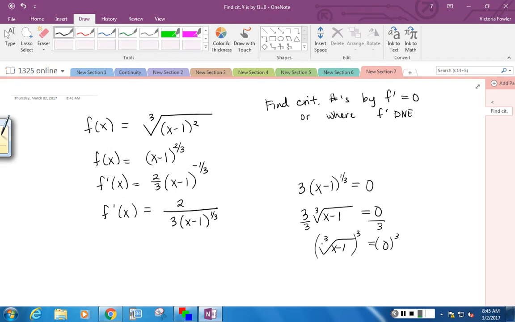So this is a cube root, so I'm going to cube it. So I'll have x minus 1 equals 0. So it looks like where x is 1, and I could probably have done that right away, that's where my derivative does not exist. So this is all where f prime does not exist. That's where the denominator is 0. Okay, so I have one critical number.